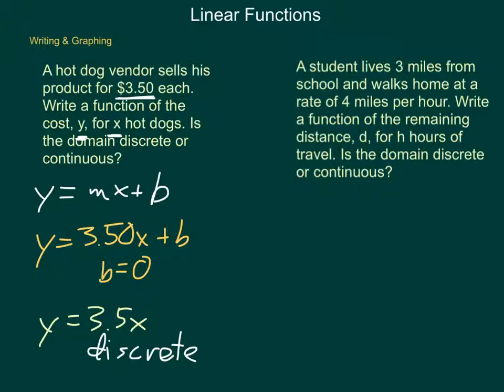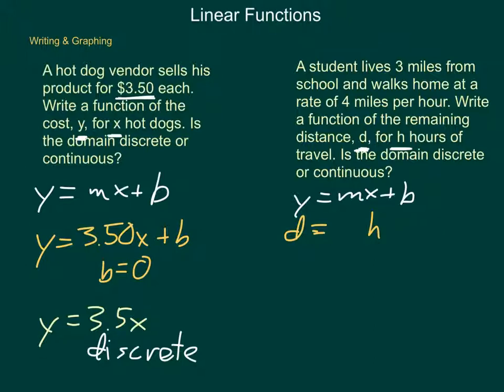Starting with our basic y equals mx plus b, we have been given d and h instead of x and y. So the remaining distance, d, is going to be defined as some sort of change of h. Rather than x and y, we're using h and d.